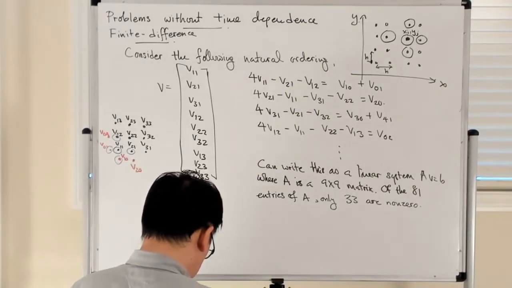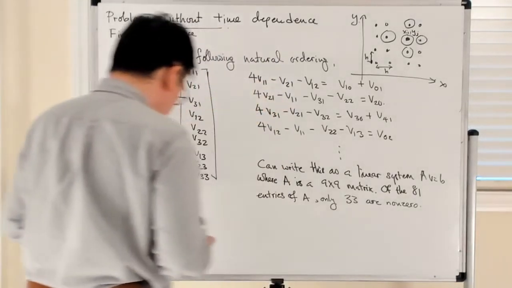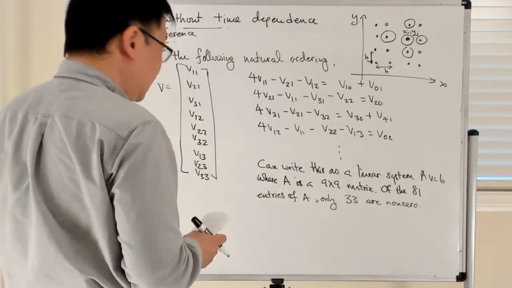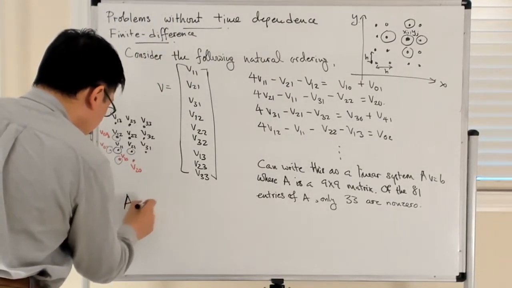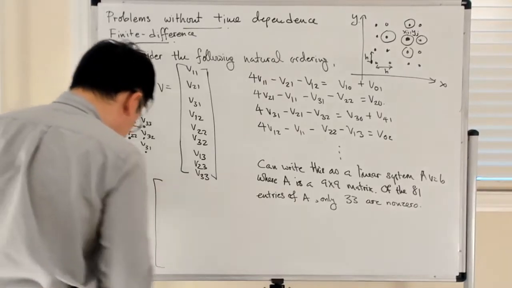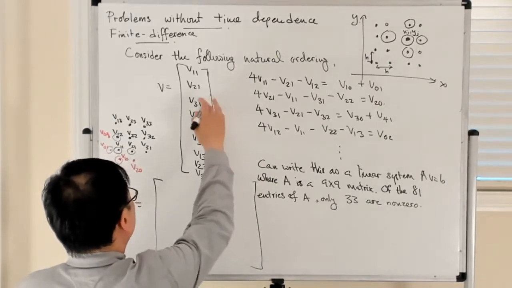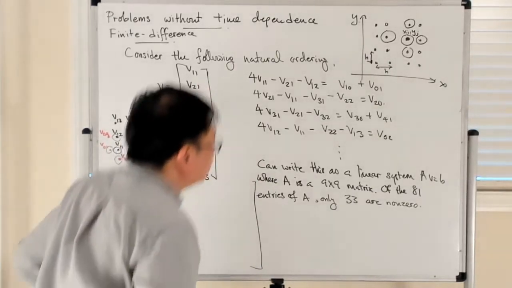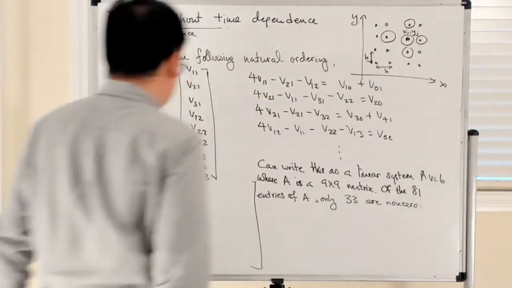Okay. So what I'm going to do is write this matrix in a very clear blocked form. So A looks like the following. If you recall, this vector reflects a lattice of 3 by 3 points, 9 points.